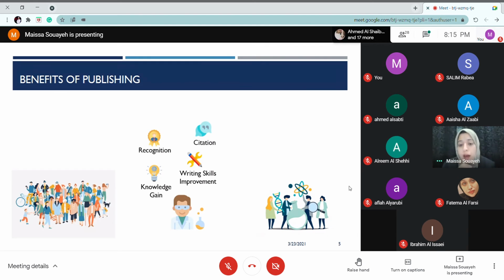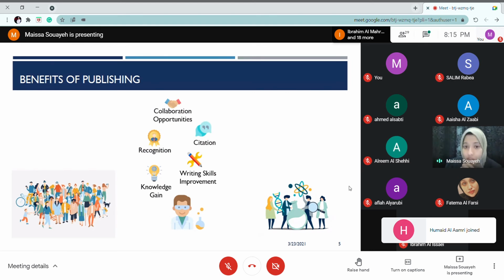So this is the term citation. Usually the career development of a researcher is based on how much citation you get. Citation is also considered recognition, and the more citation you get, the more well established you will be in the research community.